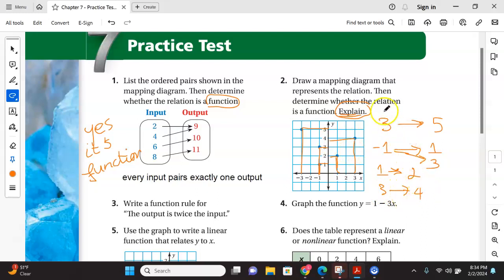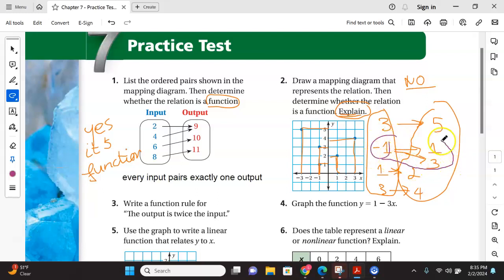From there I can tell you that this relation is not a function, because there's one input with 2 different outputs. The answer is no, it is not a function because the -1 is the one input and it pairs up with 2 different outputs.